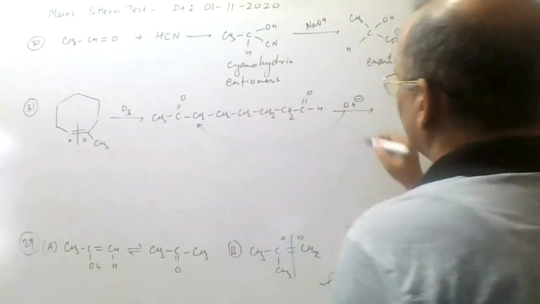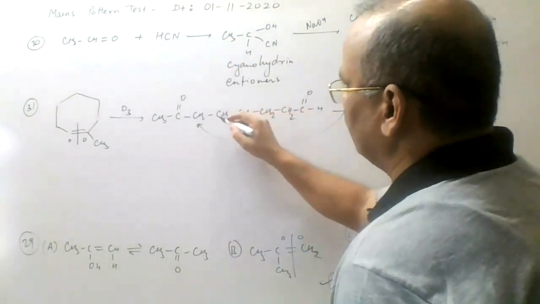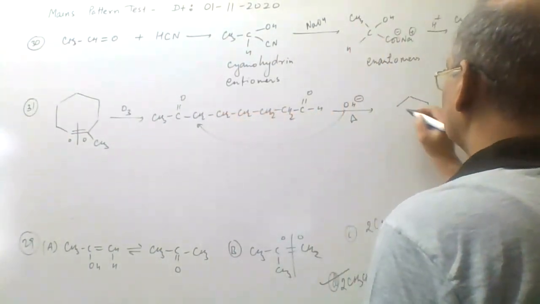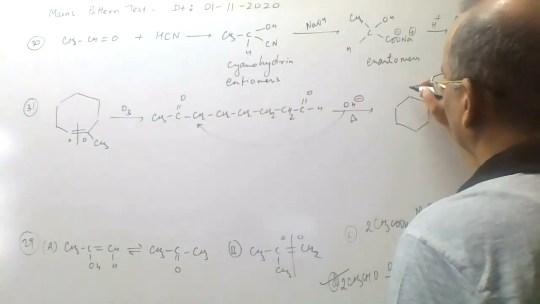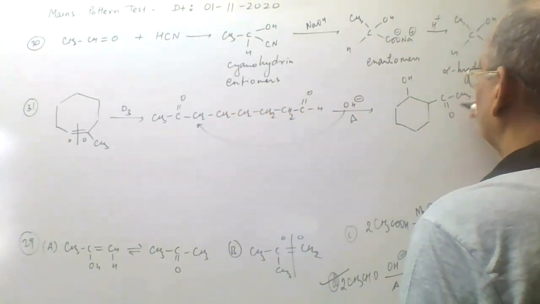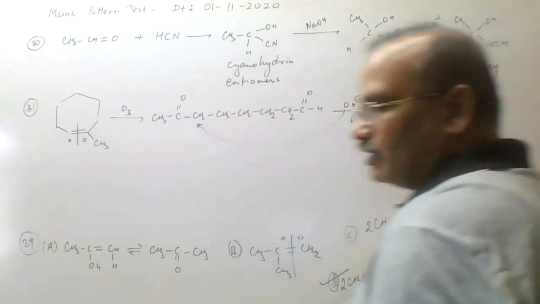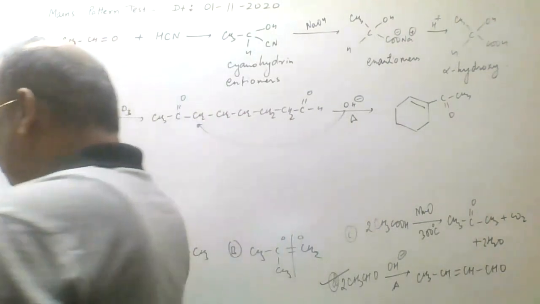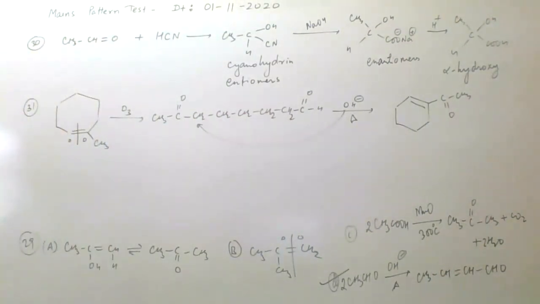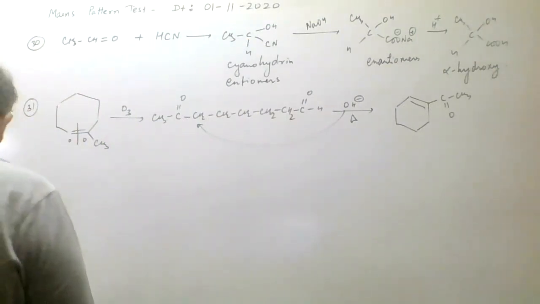After the aldol condensation, on heating, we'll get a 6-membered ring with C=O and CH3. Then on dehydration we'll get the product like this. That is the product of the reaction in question number 31. Then we move on to question number 32.